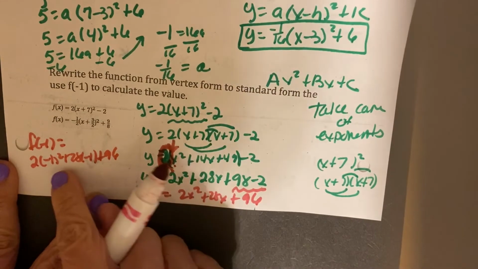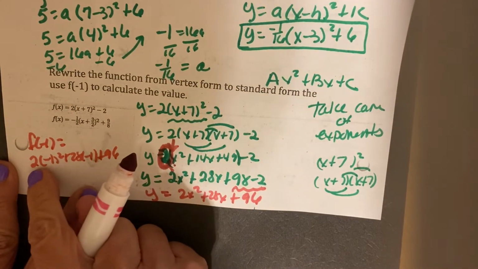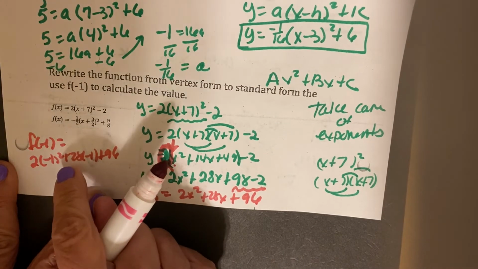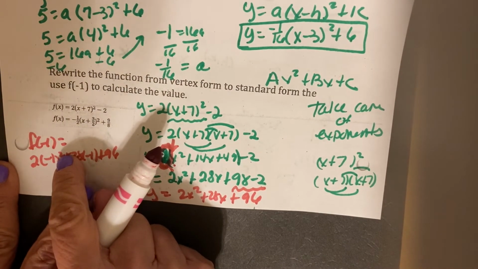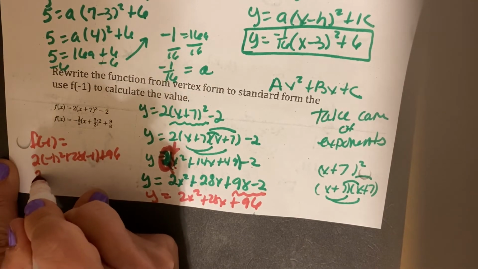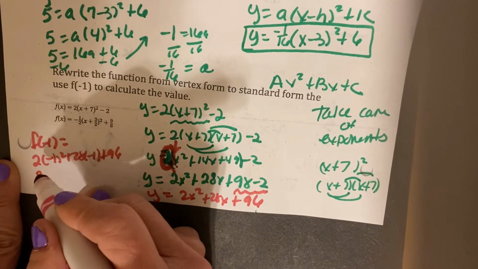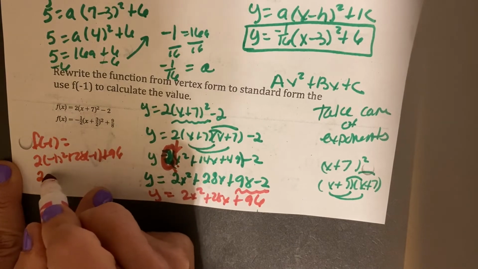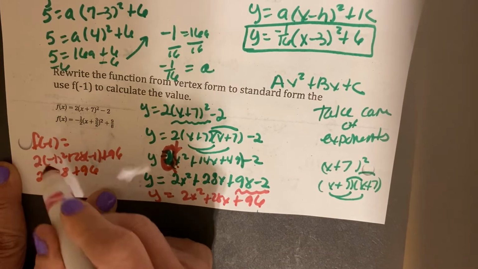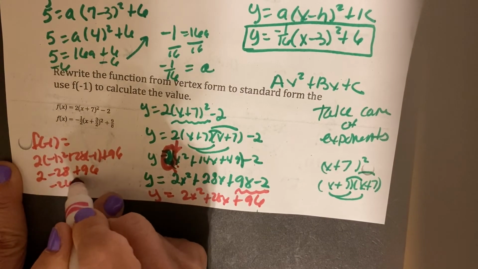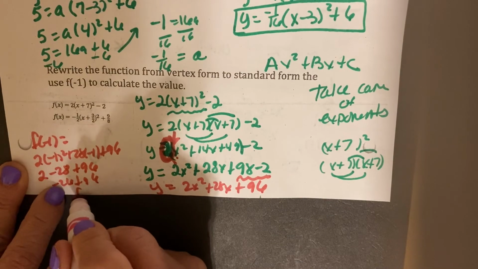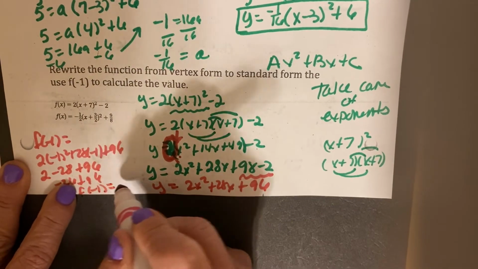And hopefully we're getting a lot better at evaluating. I can't take 2 times negative 1. I have to take care of my exponents first because I have to follow PEMDAS. This is going to be a negative times a negative, which is a positive. So that's going to give me 2. And then I'm going to get a negative 28 plus 96. That'll give me a negative 26 plus 96. And so then f of negative 1 is going to equal 70.